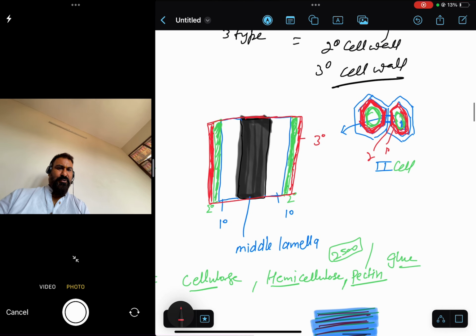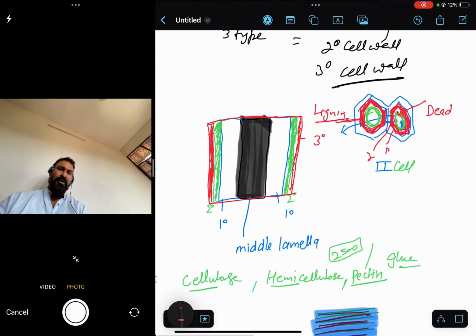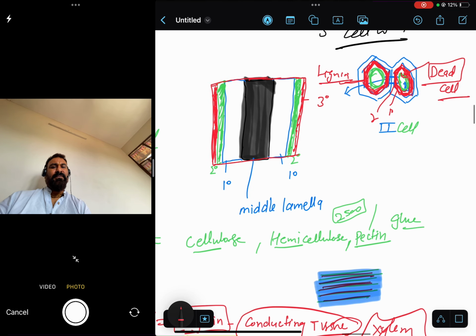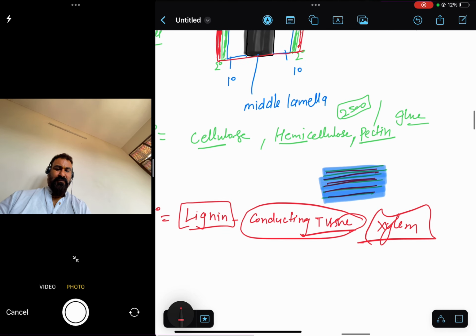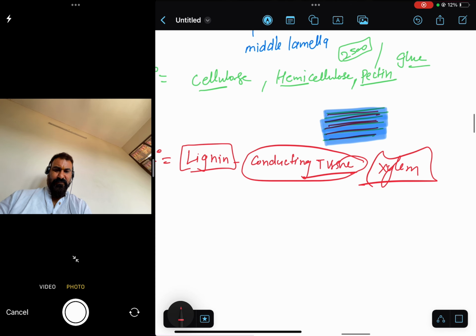As lignin starts depositing inside this cell as a secondary cell wall, it is a dead matter which does not allow anything to come inside and outside, and the cell is deprived of energy and will die. So it produces dead cells.